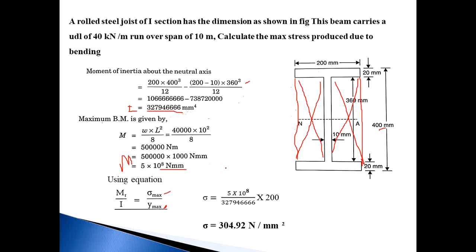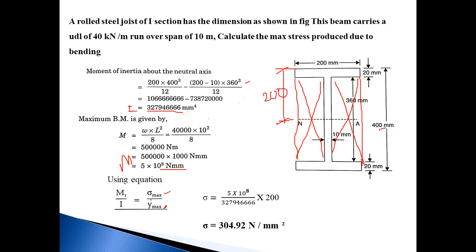In the last lecture we discussed that sigma max depends upon the Y max value, and the maximum stress is produced at the top fiber of the beam, at the distance from the neutral axis. This is a symmetrical section, so the neutral axis lies at the overall depth divided by 2, that is 400 divided by 2, which is 200.